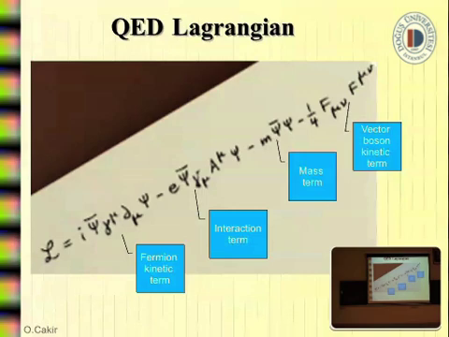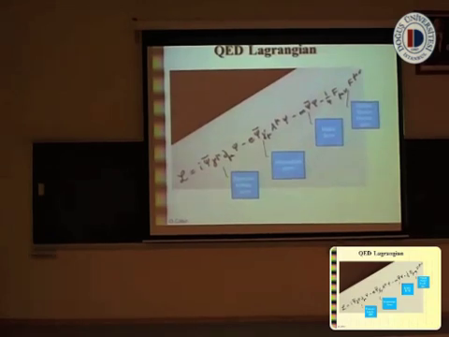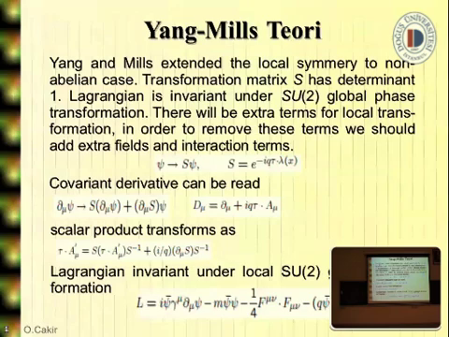We can transform it by using, for example, psi to psi prime, with global or local changes. Then it should remain invariant under both the global transformation and the local transformation.